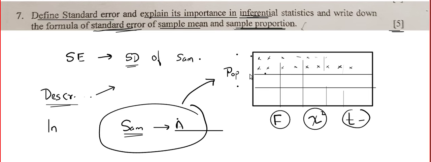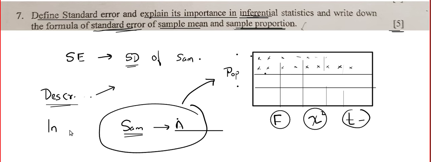I'll repeat once more. Normally in experiments, when we try to study a population, it becomes impossible because the population size will be very large. Getting data from the entire population is tedious and sometimes impossible.